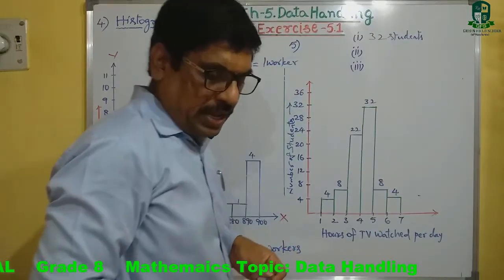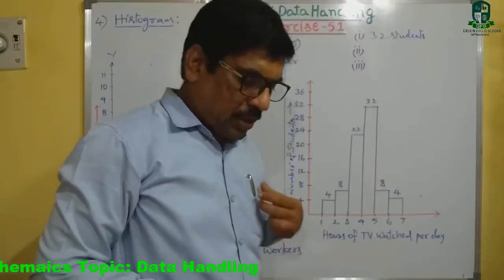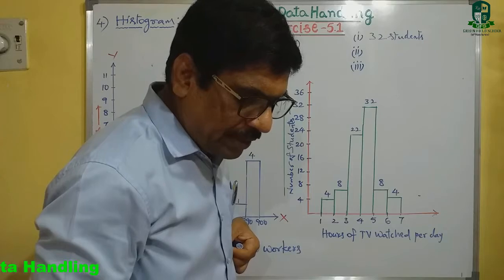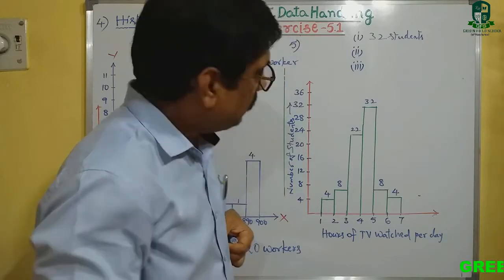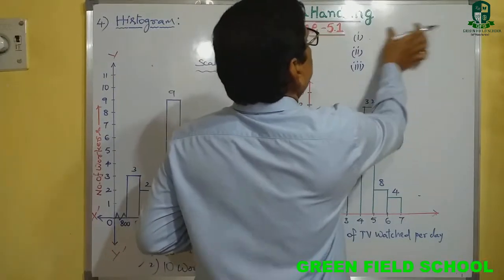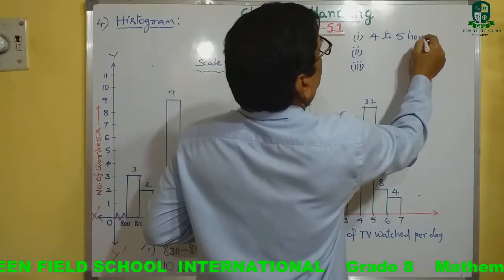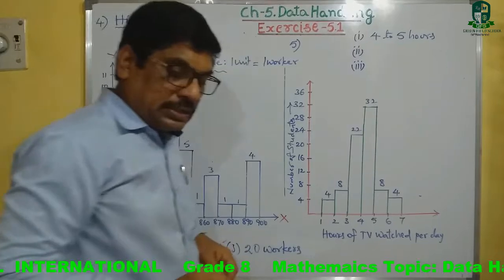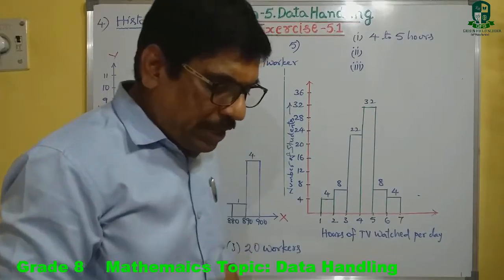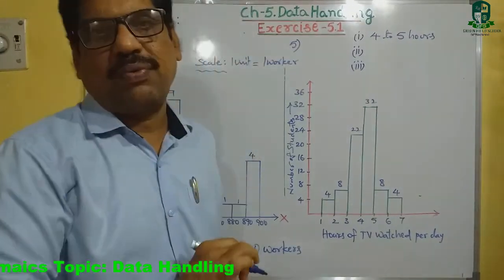So that is the question for the first one. For how many hours did the maximum number of students watch TV? So actually we need to write 32 students are watching. The time asked is 4 to 5 hours. Okay. Now the second one. How many students watch TV for less than 4 hours?